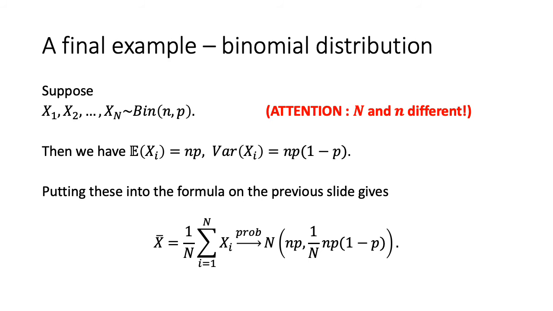So if we put these into the formula that we had on the previous slide, we're going to conclude that the average x bar tends in probability to a normal distribution with mean np and variance 1 over capital N times little n times p times 1 minus p. I hope this will become clear when we actually put in the numbers on the next slide.